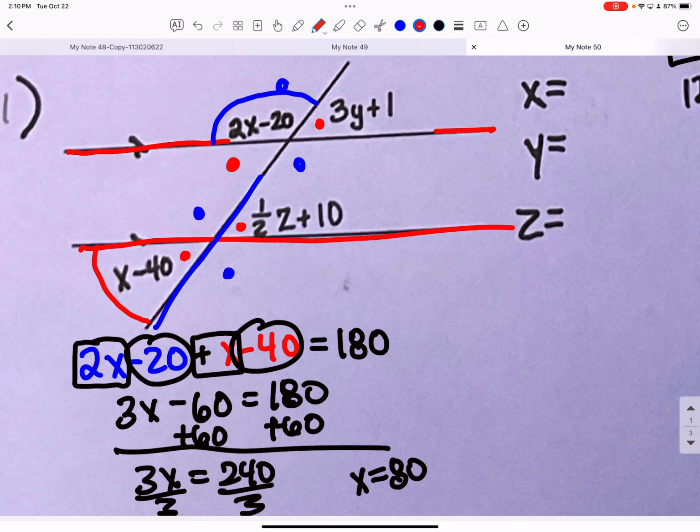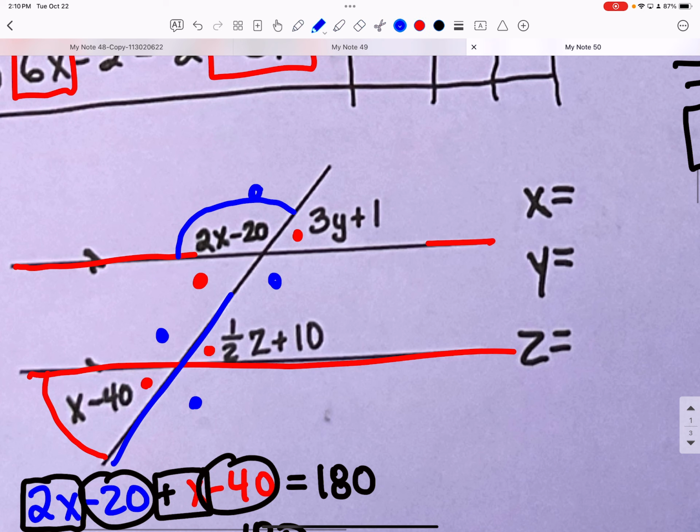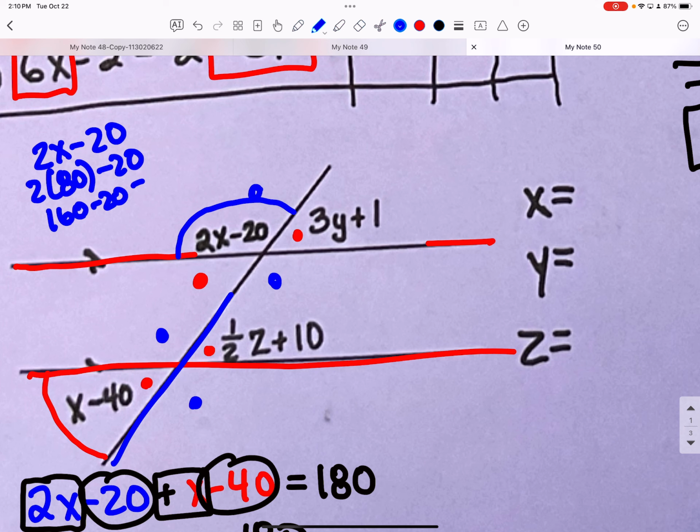So if x is 80, then this angle up here, 2x minus 20, that's 2 times 80 minus 20. That's 160 minus 20. These blue angles are 140 degrees. So everywhere there's a blue angle is 140. Which means every red angle is 40 because they have to add up to 180.